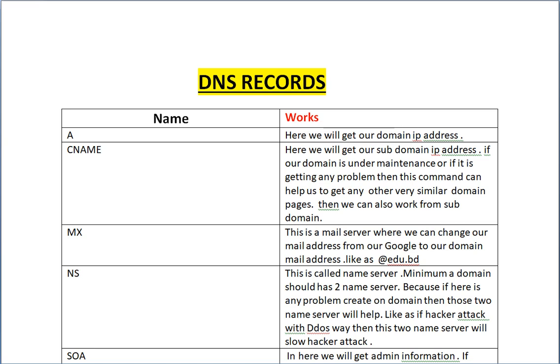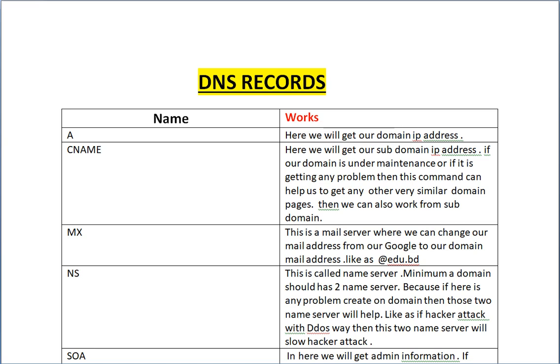Okay, the MX. This is a very interesting point: nowadays it is very popular that sometimes we get mail from our recruitment agency or somewhere, and the mail address looks like at edu.bd, but there is no option with Gmail.